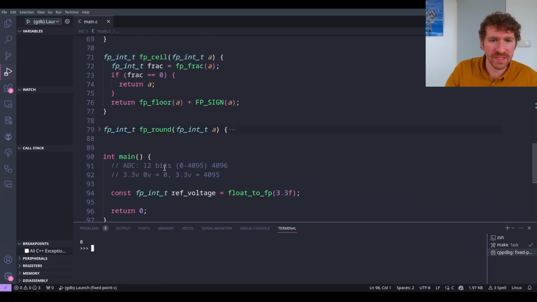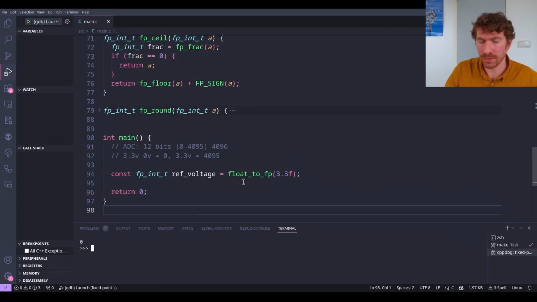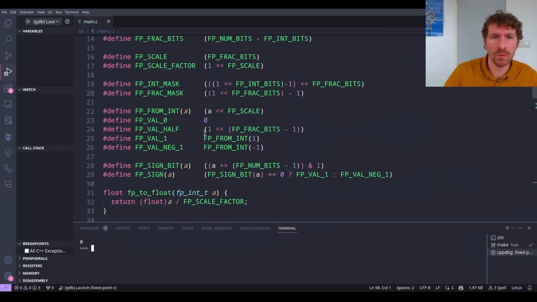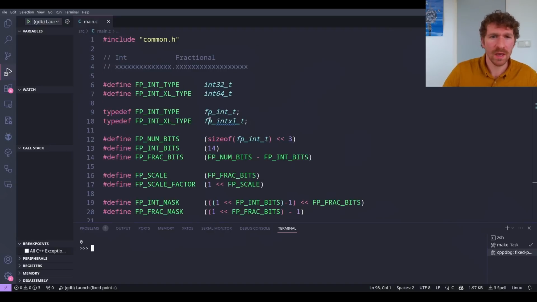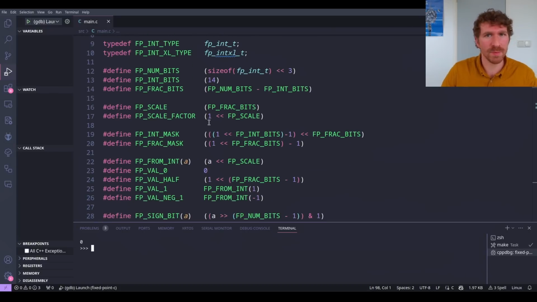So we don't actually need to do this in floating point at all, right? Instead, what we could do is simply compute this ahead of time. And we know all the details, right? We know the value we're trying to compute here, 3.3, and we know all the details about our fixed point implementation, so we can just compute these numbers ahead of time. No floating point calculations necessary at runtime.